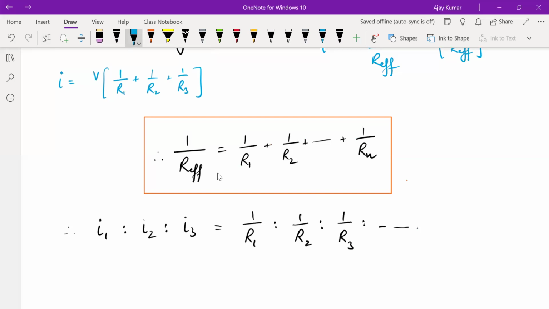It will be less than any of the given resistances, correct. So if you want to decrease the resistance of a circuit, you can connect some extra resistors in parallel. The overall resistance will come down, and it will be less than any of the resistances that you connect in parallel.